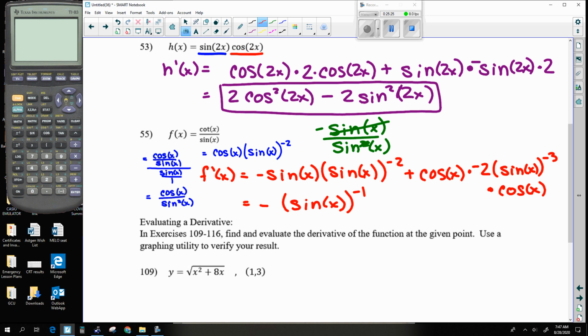That's a sine in the denominator, aka a cosecant. Minus 2 cosine squared sine to the negative 3.